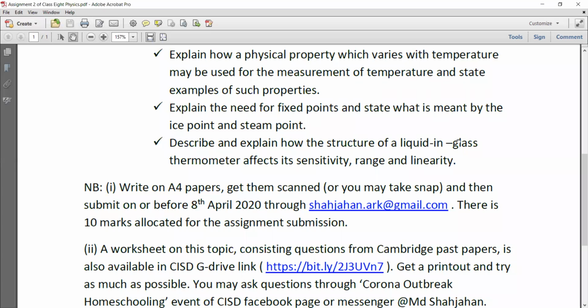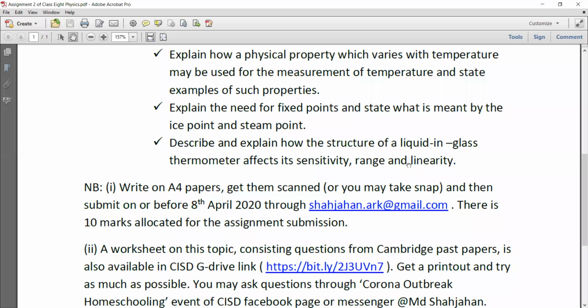Now the last question of this assignment: describe and explain how the structure of a liquid in glass thermometer affects its sensitivity, range, and linearity. To understand it clearly, I gave you some notes, available in Google Classroom.